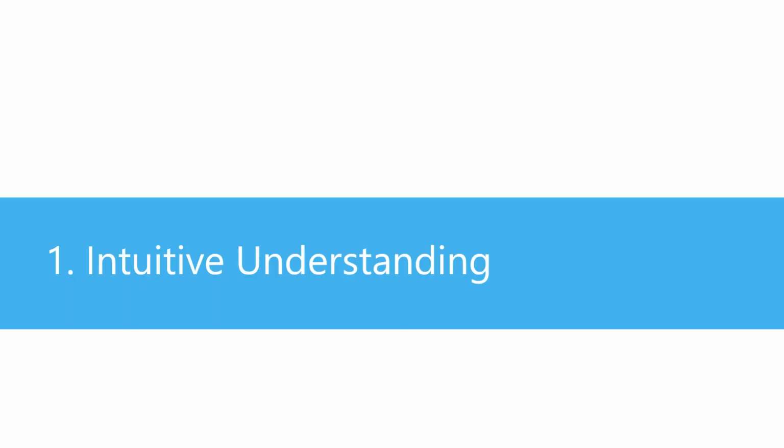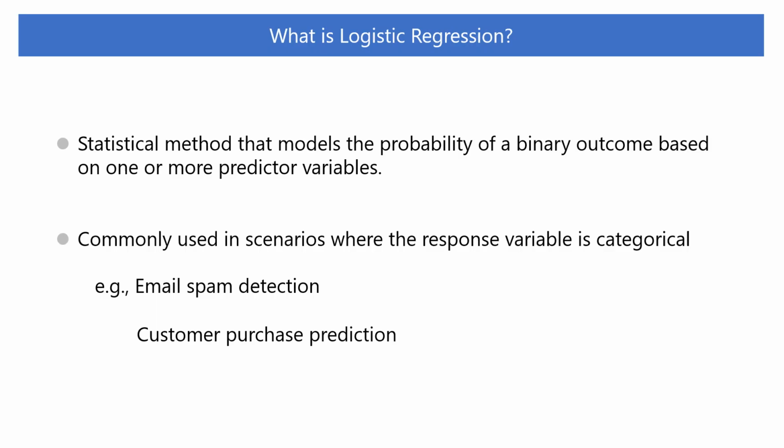Chapter 1: Intuitive Understanding. This chapter focuses on gaining an intuitive understanding of logistic regression, particularly its application in binary classification problems. Logistic regression is a statistical method that models the probability of a binary outcome based on one or more predictor variables.